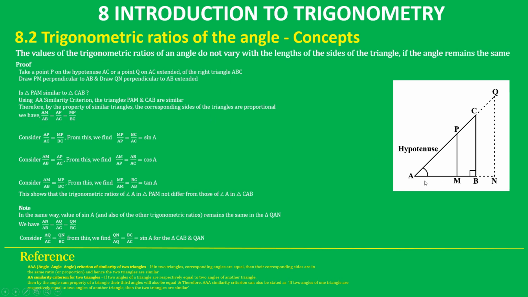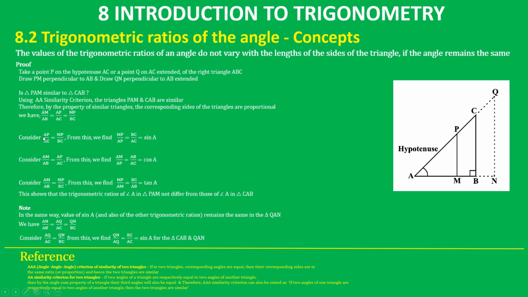We have AM by AB, the ratio of the bases, equal to the ratio of the hypotenuses AP by AC, similar sides, I am just specifying the names. And the altitudes: MP by BC, MP for triangle PAM and CB for triangle CAB. We got it using the angle similarity.